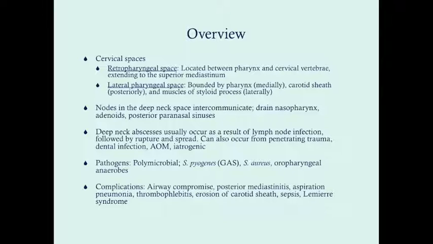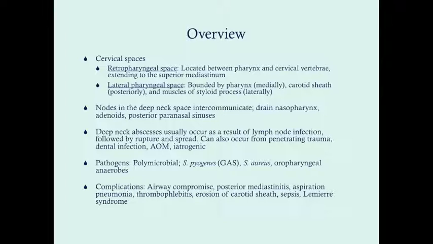And this communicates with the lateral pharyngeal space, which has various definitions, but for the most part it's bounded by the pharynx medially and the esophagus medially, then the carotid sheath posteriorly, and the muscles of the styloid process laterally. So that's a rough definition.